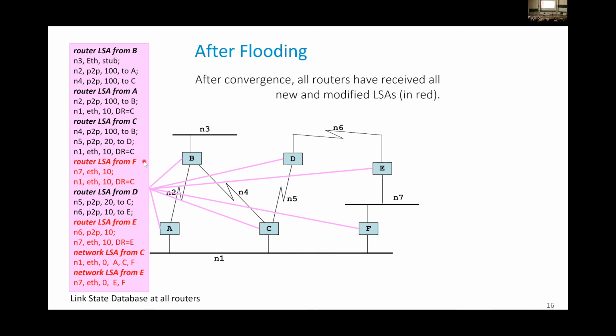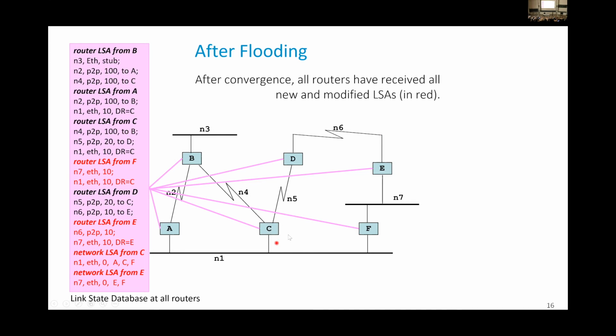We'll have new information from F, which is F is saying, I am connected to N7, which is an Ethernet, and I am connected to N1, and N1 is treated here as a multi-point with designated router C here. And same thing from E. Here the designated router is E on this multi-point network.